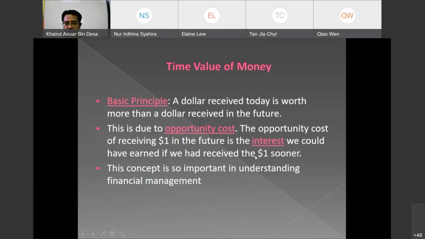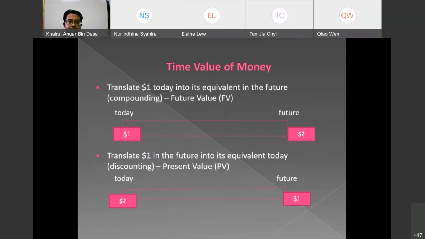The interest rate plays a vital role, making the value of the money increase over time. That is the basic principle: we can invest the money that we receive today to make it better in value for tomorrow.